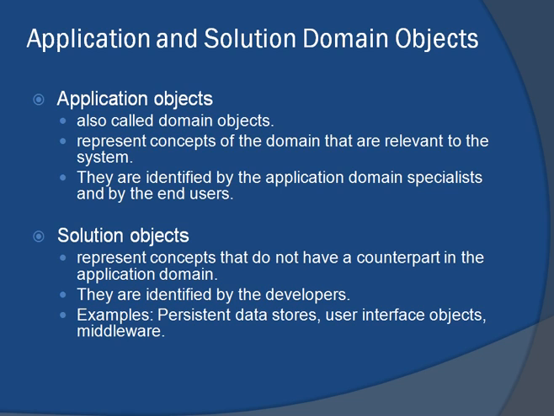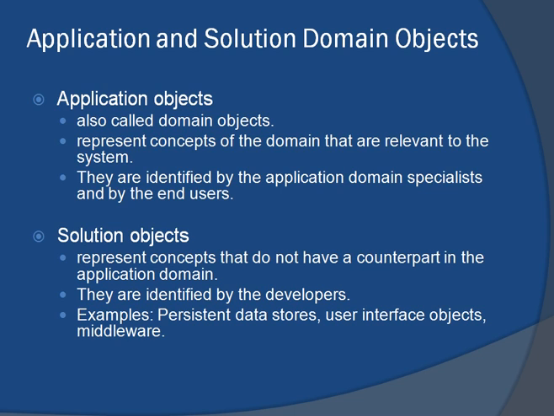Now there are objects that appear in the application and solution domain. Application objects are also called domain objects. They represent concepts of the domain that are relevant to the system.